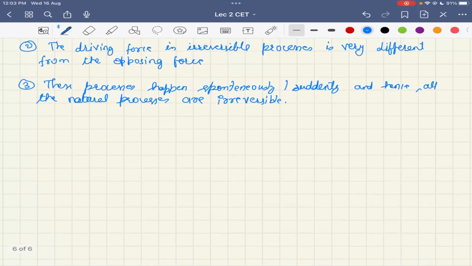The third type of process is the cyclic process.